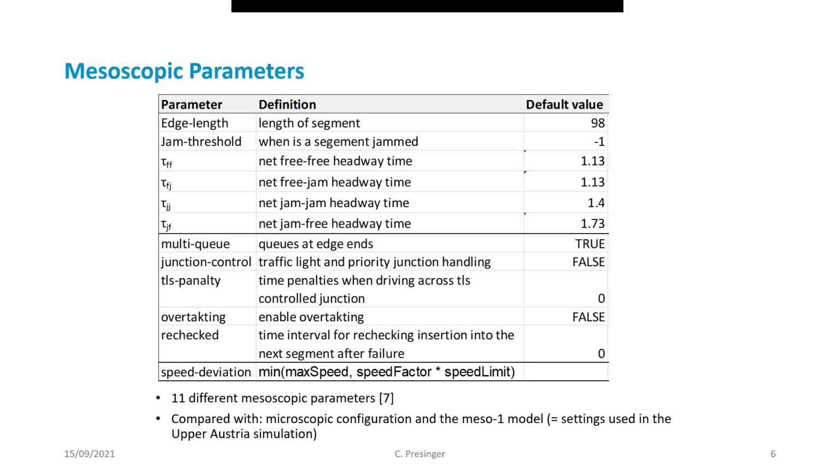Then you have different possibilities, and there are 11 different mesoscopic parameters. I will go deeper into the edge length and the junction threshold. Later on, I will shortly talk about the tau value, and you can find more results in the paper, but I will not present it here, and I will show you why.